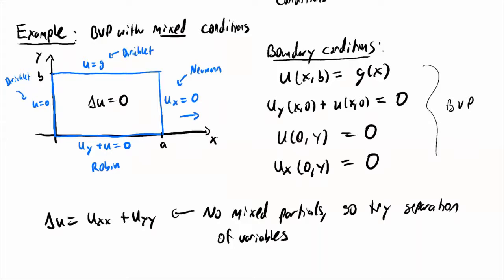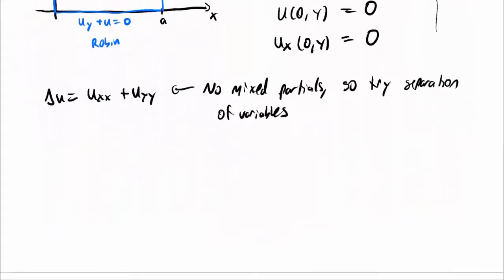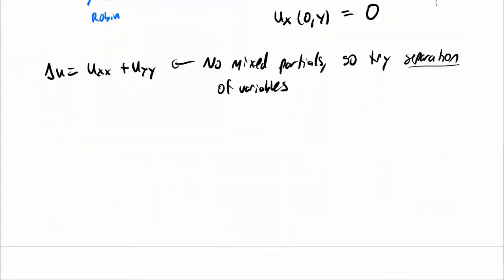So this will follow a process which we saw many times before for the boundary value problems for the diffusion equation and the wave equation. It's going to be a similar process, but some minor things will change, since Laplace's equation is a little bit different, and the boundary conditions are a little bit more complicated in this example. So what we'll begin with is, let's just guess. We want to try separation of variables.